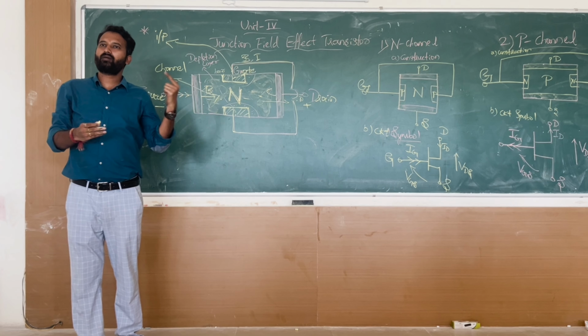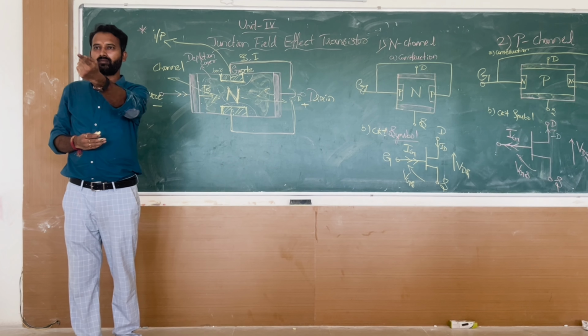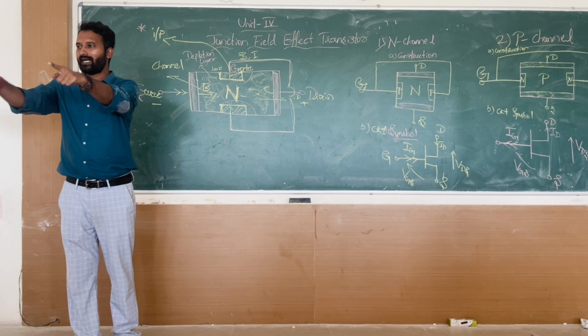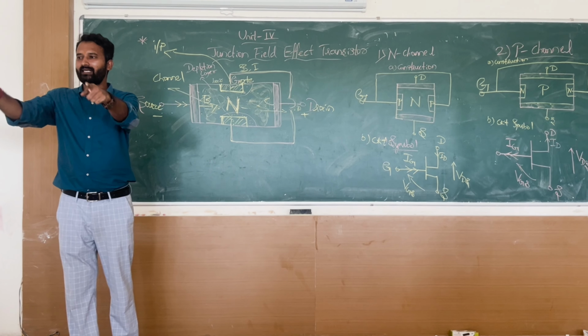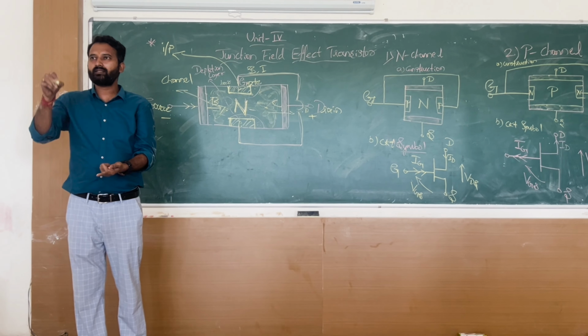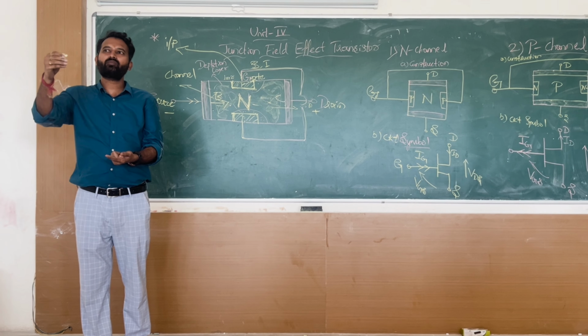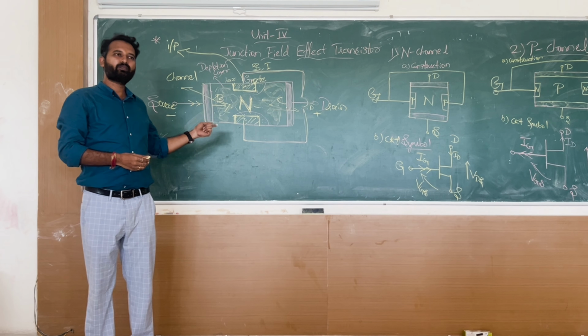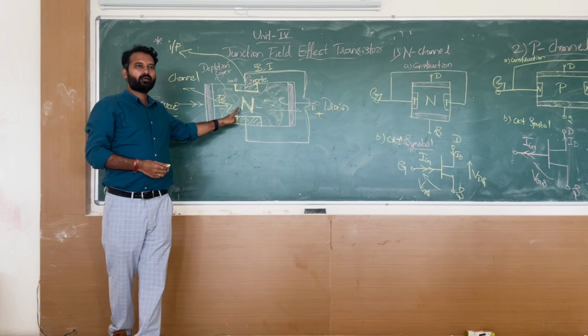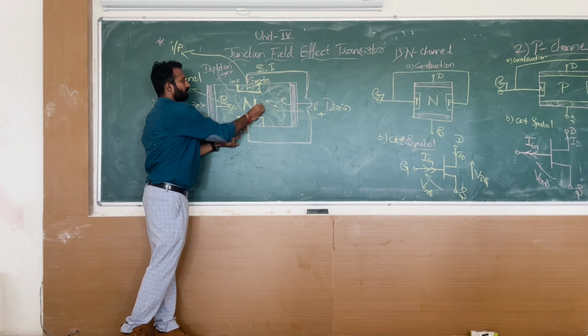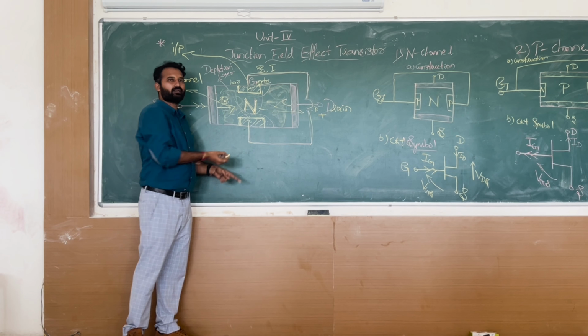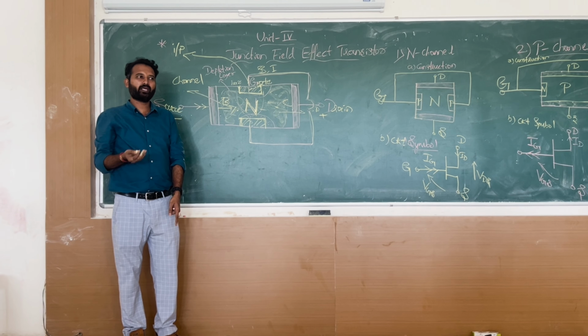So whenever you are drawing this diagram, whenever you are on a bench, imagine that as a rectangular shape. N channel: in the center you write N. On both the sides you make P. That will become PNP. This makes one junction. This makes another junction. PNP.